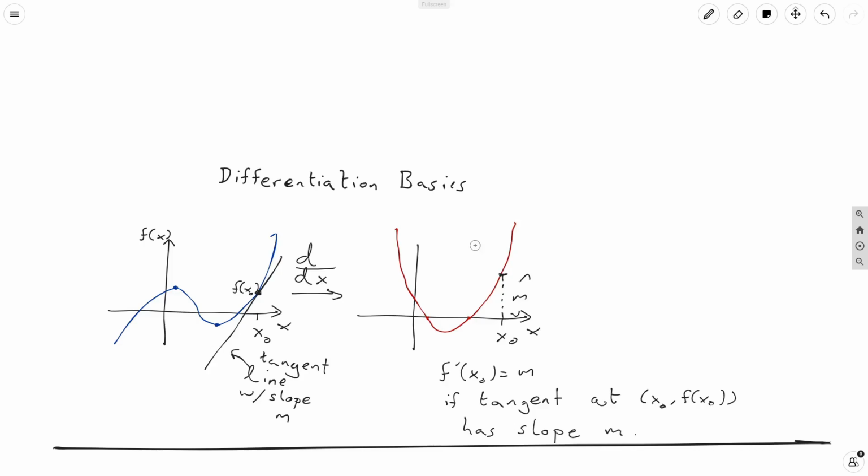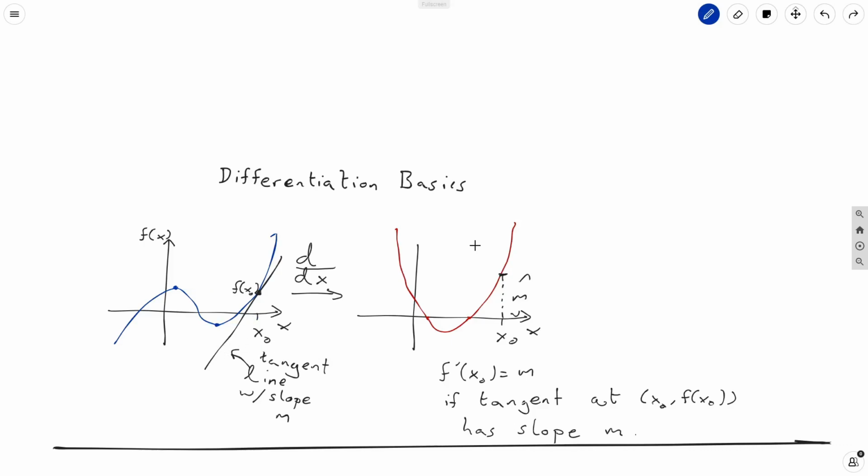It's just basically we look at every single possible point, compute what the slope would have to be at that point, and plot it as a graph. Okay, so an important note is that these peaks and valleys, where the tangent line would just glance off, like this and this, both have slope 0.